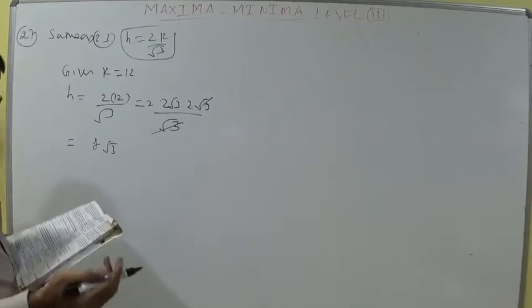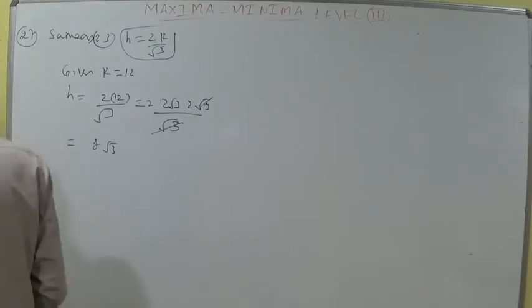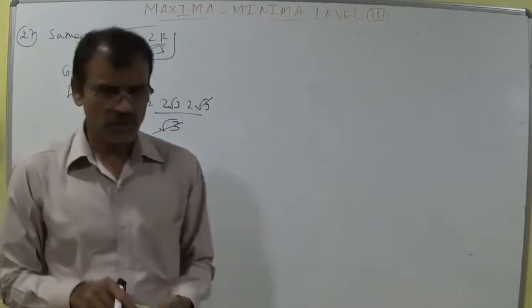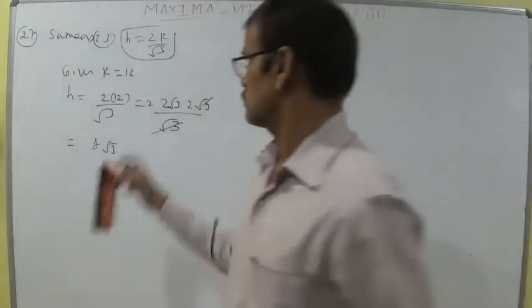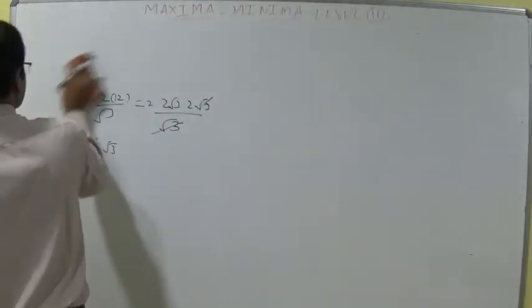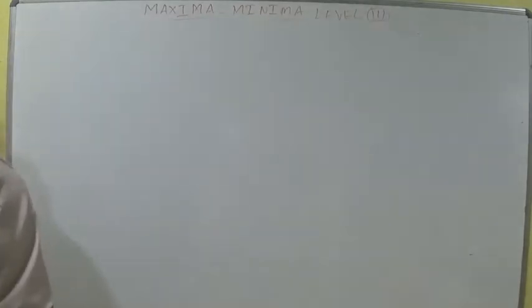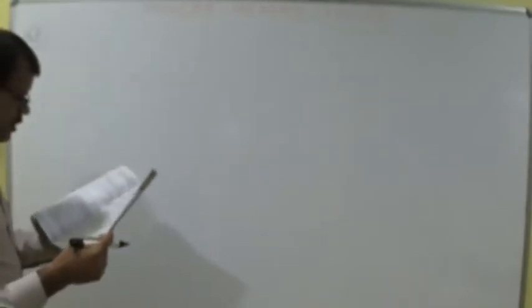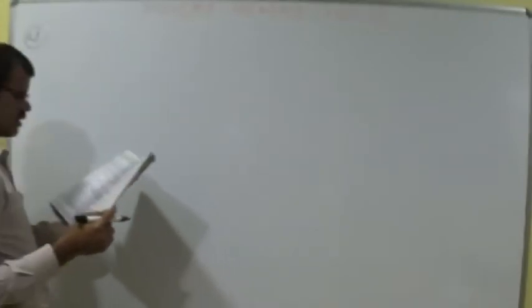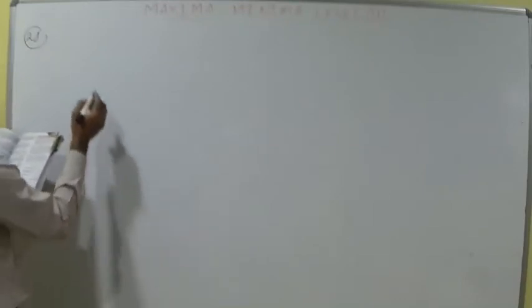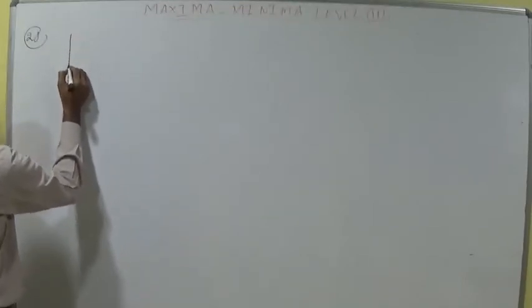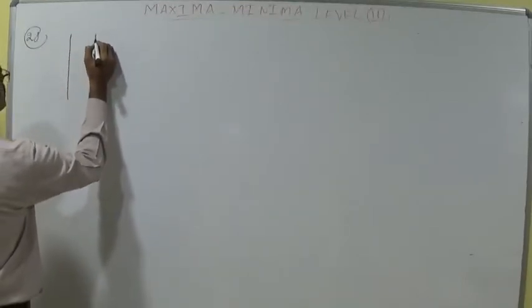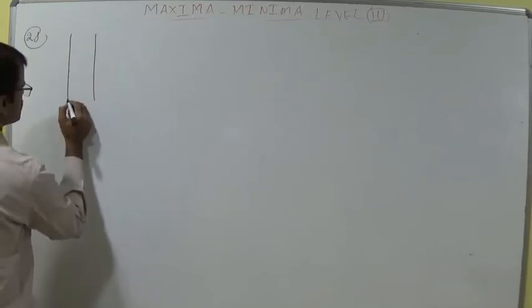Base radius is r, total height h. So volume is given: V is equal to pi r square h. It will have least surface area when the ratio of its height and base radius is asked.